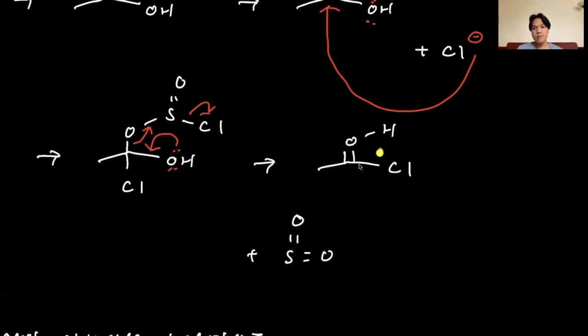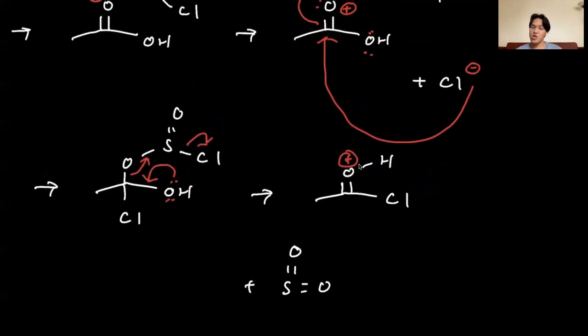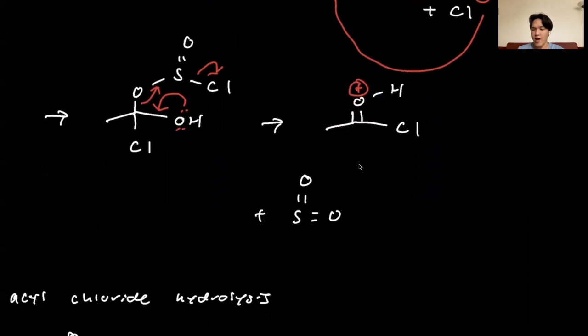And then this is just a basic deprotonation step, the positive on the oxygen. You can either do it with the chlorine that just left, this chlorine here, forming HCl, or you can do it intramolecularly if you wanted to, if it permits on the test, or if you just wanted to do it for practice.